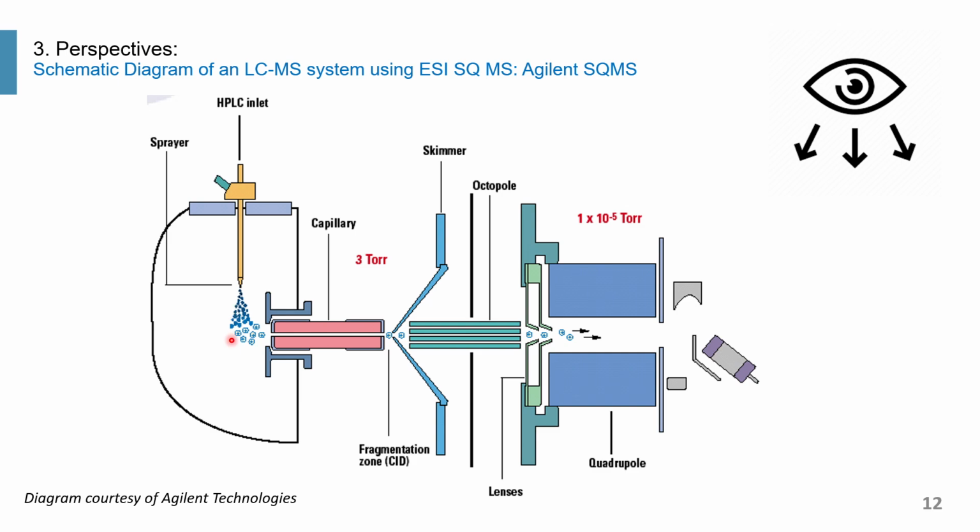Ions are attracted into these capillary tubes, which are typically negatively charged for positive ionization.